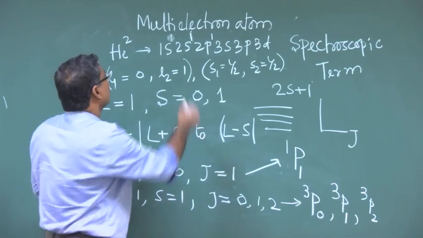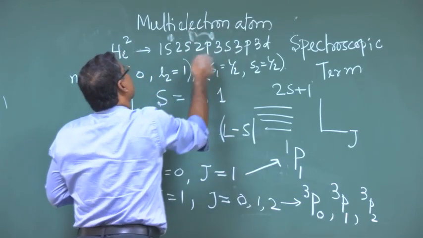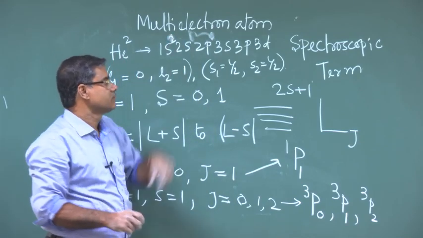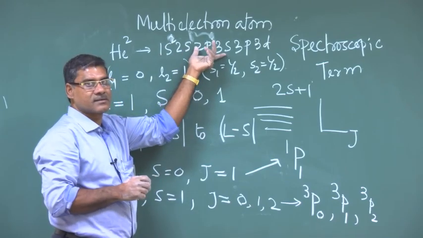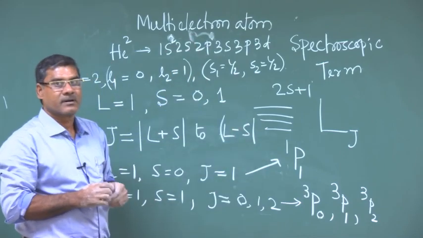Now, if really their configuration is like 1s2, then what is the difference from the earlier configuration?